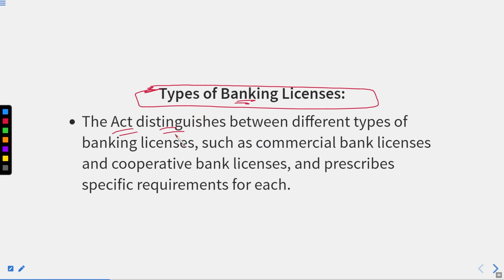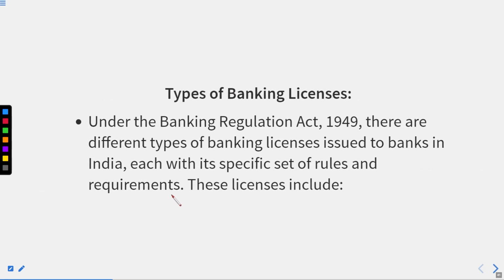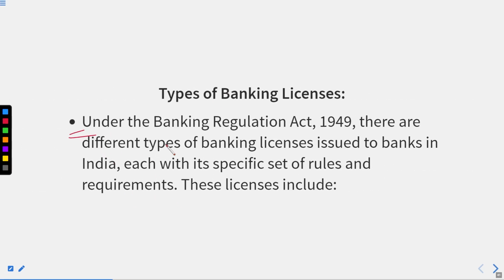The Act distinguishes between different types of banking licenses, such as the commercial bank license would be different, the cooperative bank license would be different, and prescribes specific requirements for each, like on what basis things would be done. Under the Banking Regulation Act 1949, there are different types of banking licenses issued to banks in India, each with its specific set of rules and requirements.